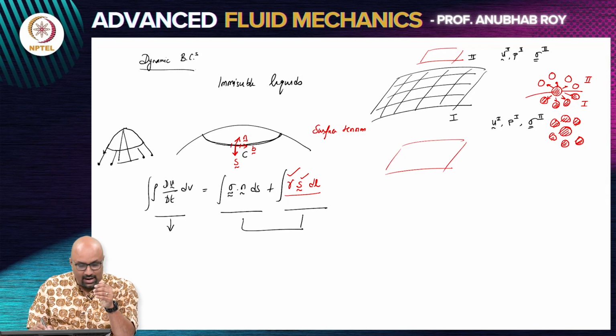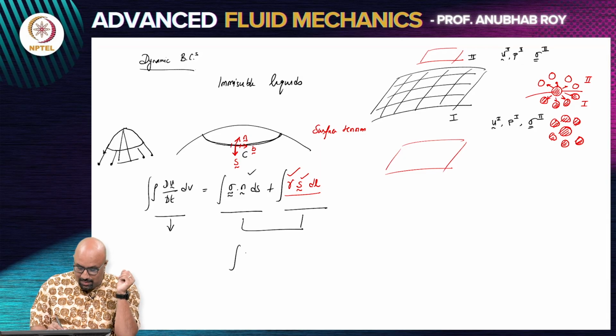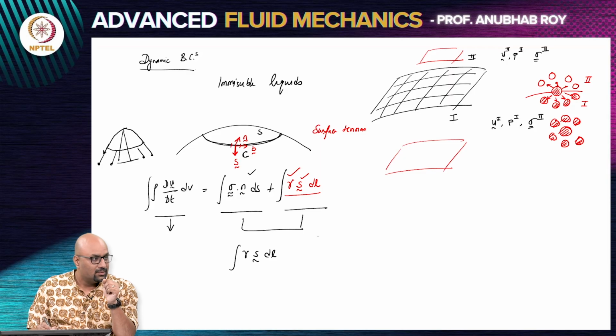Now when you are doing it at an interface, the surface force is going to be defined in terms of the surface tension. Now this part, the gamma S dl, is an integration over the contour C that I have written down, which is bounding that surface. Now there is a bit of algebra that follows from here. You use the version of Stokes theorem in terms of converting this line integral to a surface integral.